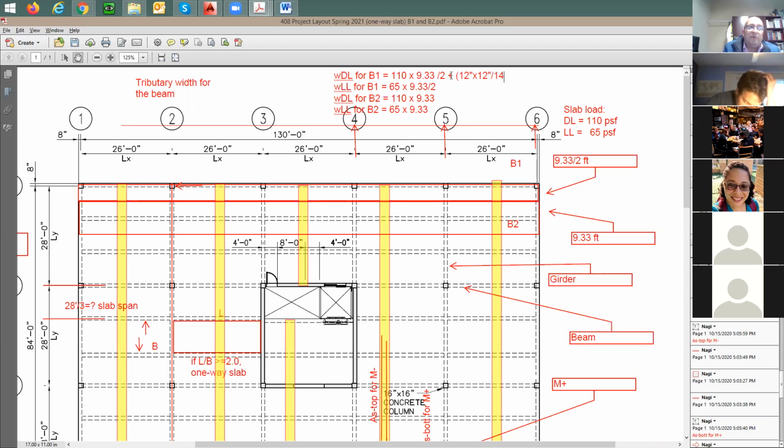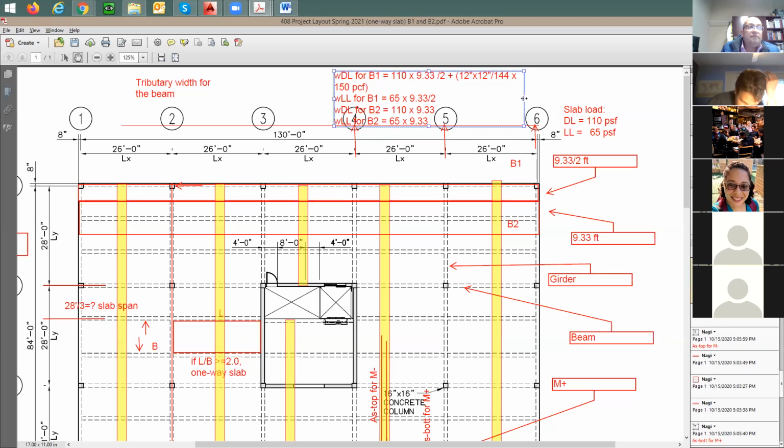I'm going to divide by 144 times 150 pound per cubic foot for the concrete weight. You're good? Yeah? No? I can repeat the same thing exactly. I can just take this, copy, and put it right here for B2. It's going to be exactly the same thing because beam size is going to be the same.